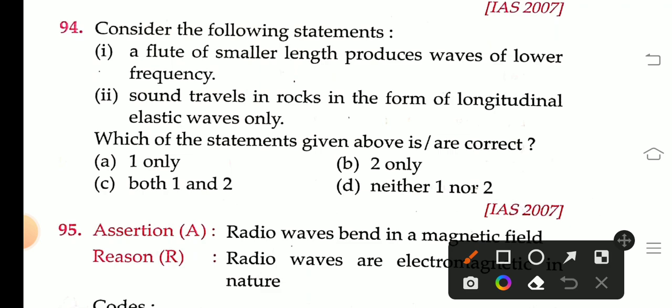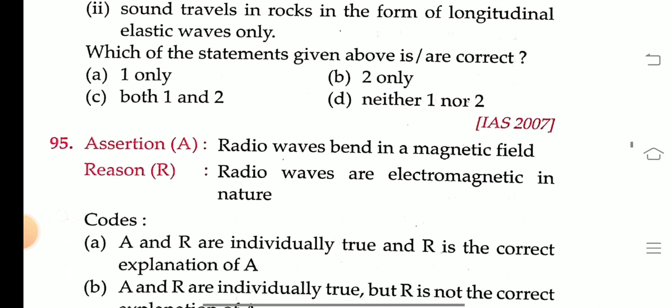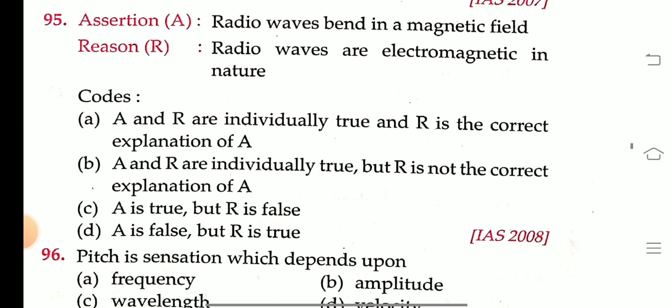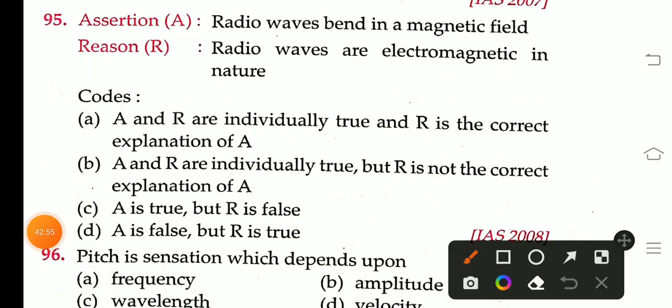Right answer option B, two only. Assertion: radio waves bend in a magnetic field. Reason: radio waves are electromagnetic in nature. A is false, but R is true. Right option D.